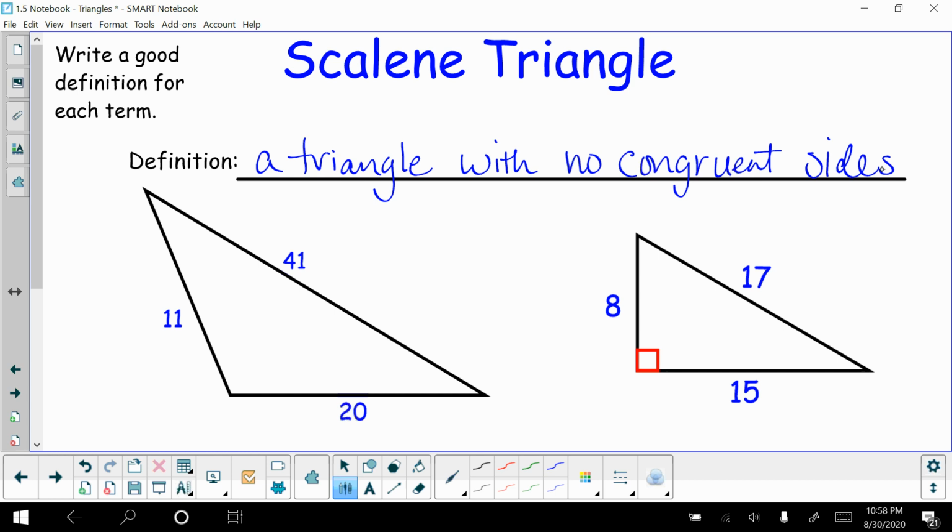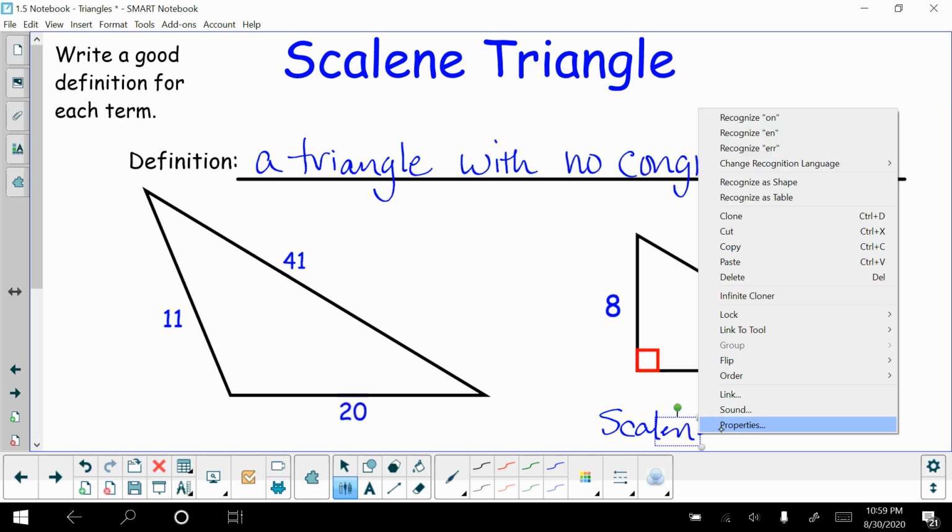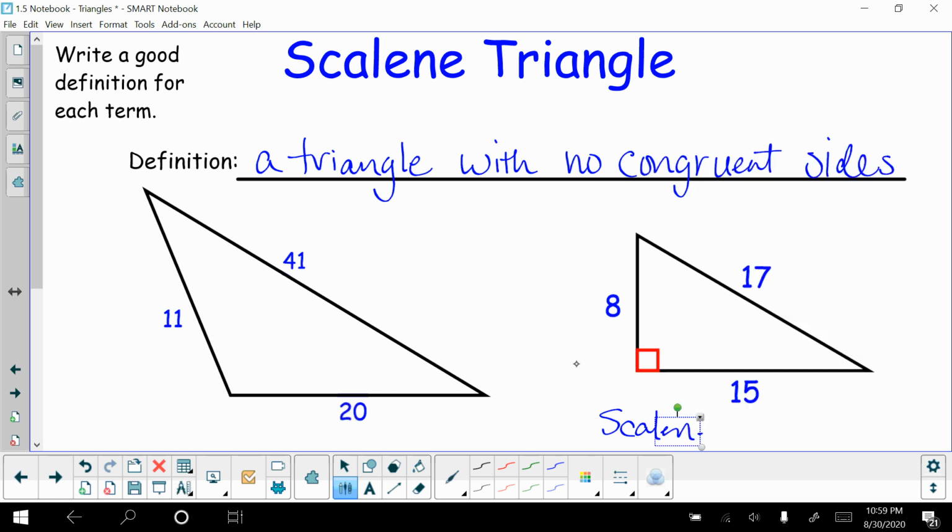And so in particular, this one over here to the right, you can see it's a right triangle. So you can identify it or classify it by two different names. So this one would be a scalene right triangle.